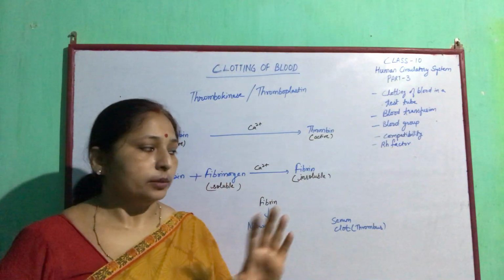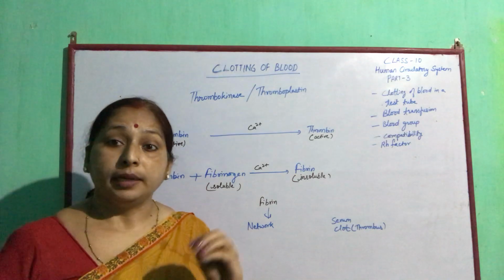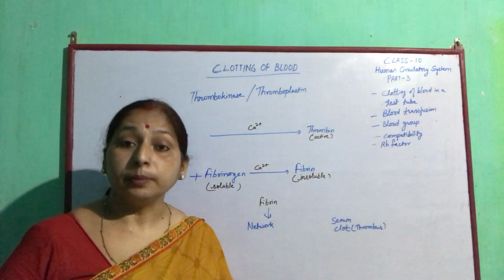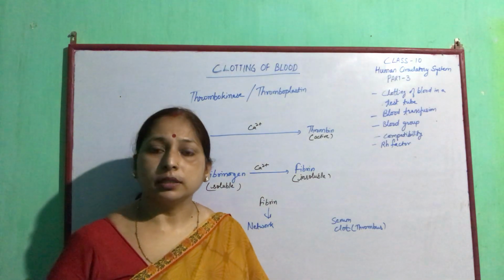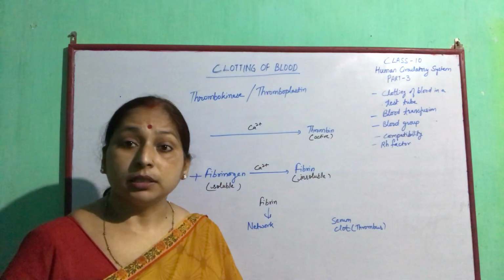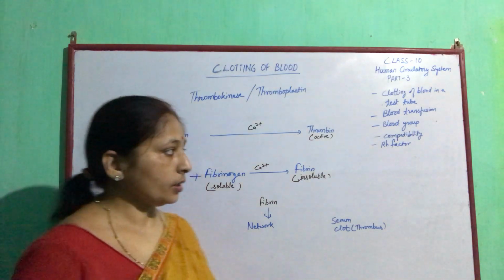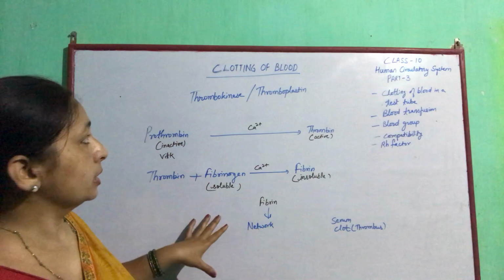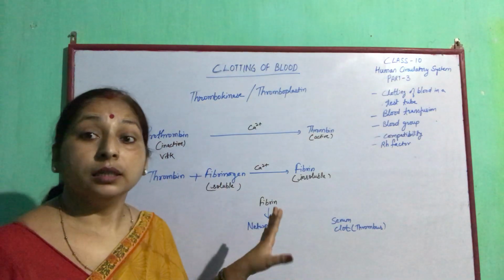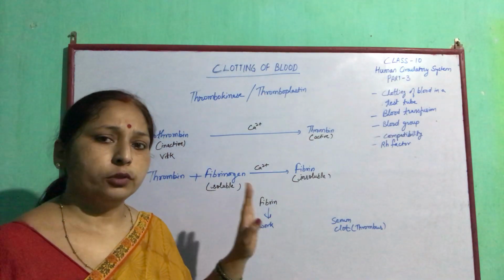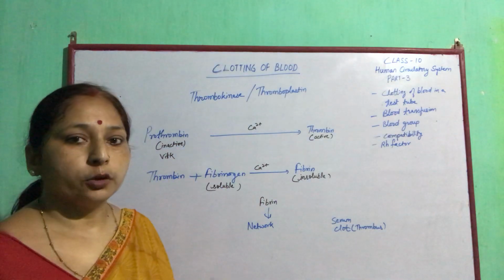All the terms related to clotting may be asked in objective type or descriptive questions, meaning the Section B part also. So let's start with the process first. Just understand the process of clotting, then it would be easier for you to answer every question.